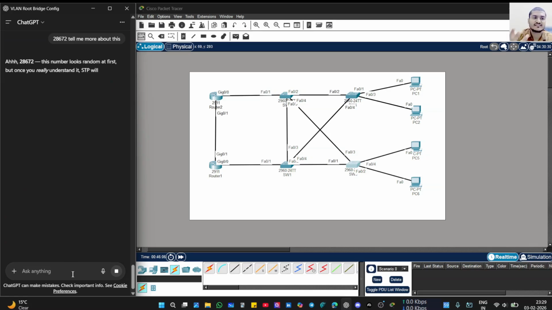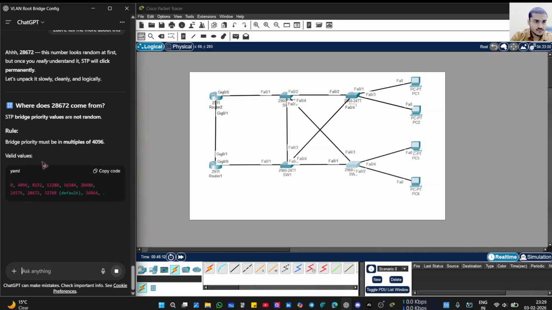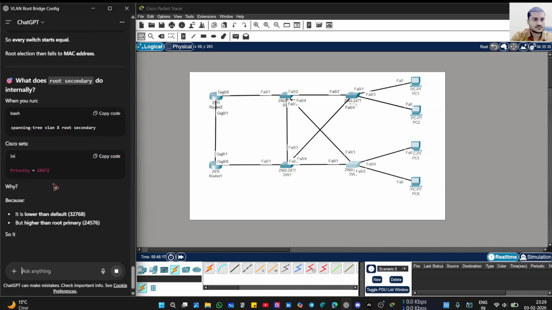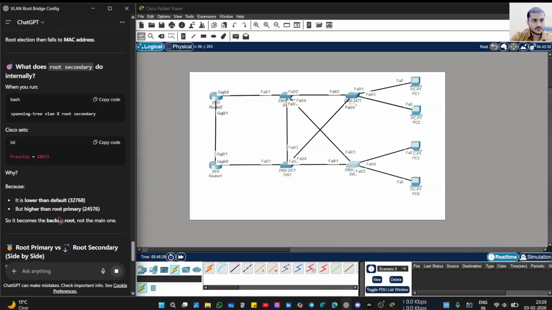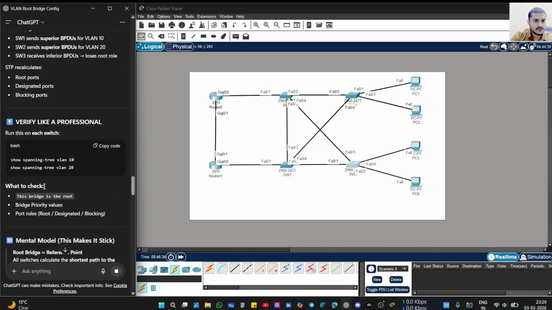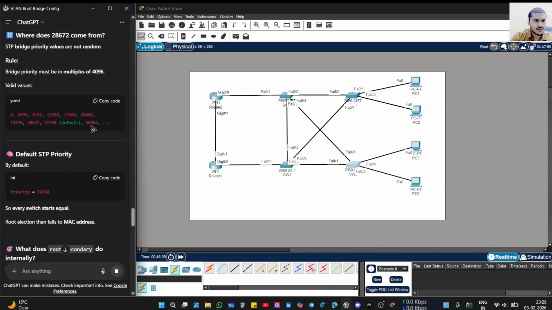Be curious about anything whatever we see. Okay, 32 I think is the maximum, if I'm not wrong, right here in this table. Where is it? Yeah, default.